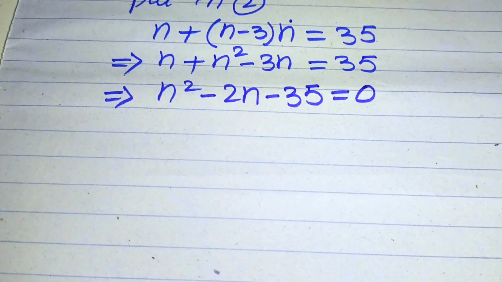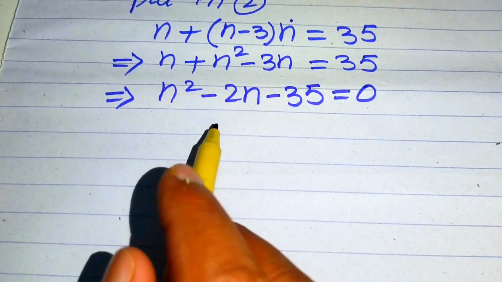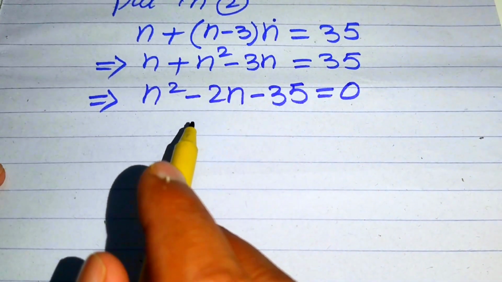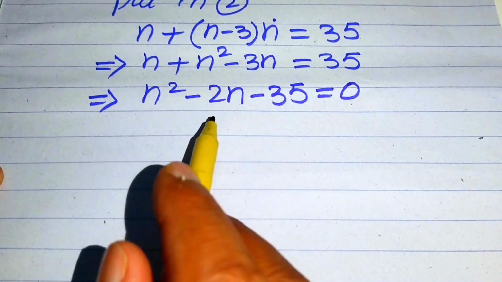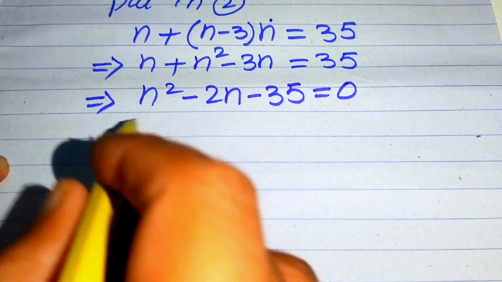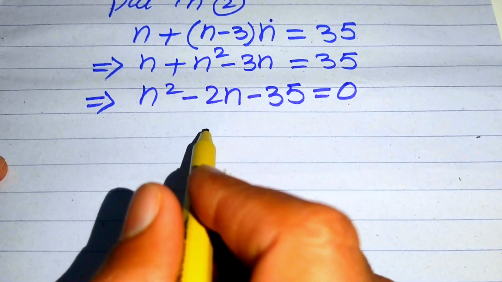In the next step we need to factor this equation. Here we have three choices. The first is to factor this quadratic equation, the second is to use the quadratic formula, and the third is to complete the square. Here we can easily factor this equation.